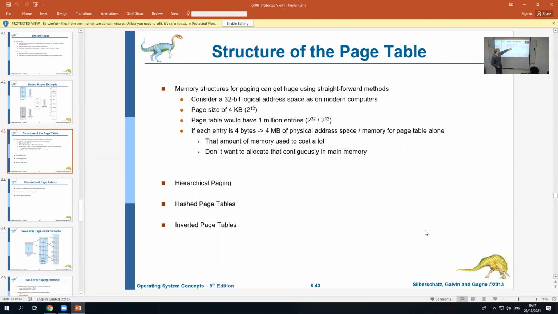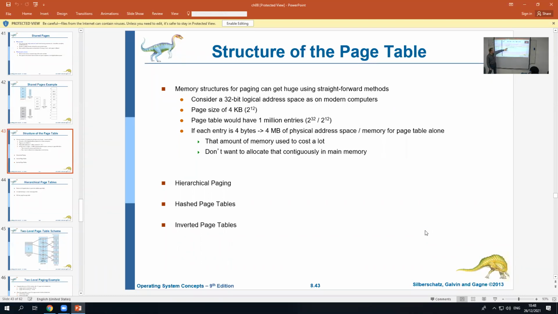That amount of memory used to cost a lot. Don't want to allocate that contiguous. And then there's another problem. I don't want to talk about the size.